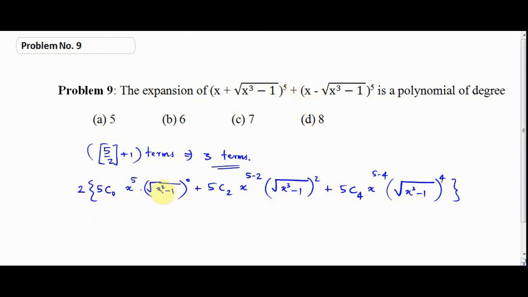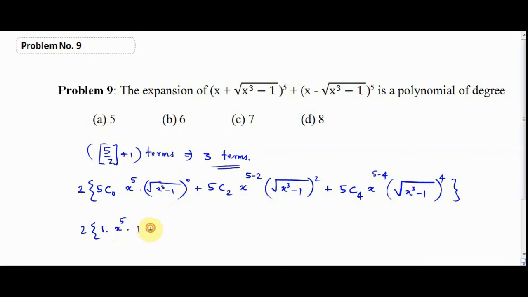Okay. Now let's try to simplify. So this can be written as 2 into 5C0 is 1. So 1 into x^5 into (√(x³ − 1))^0, which will be 1 again.